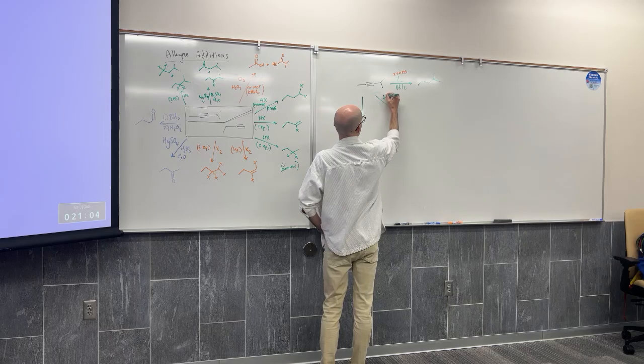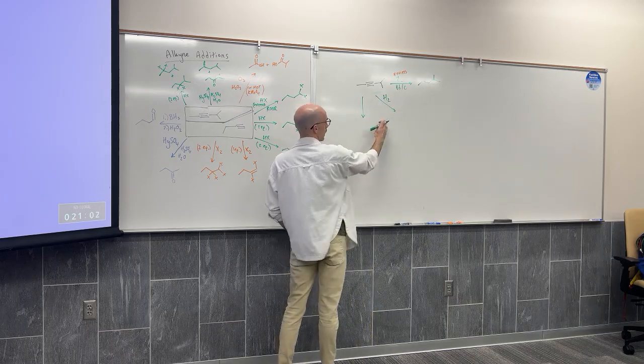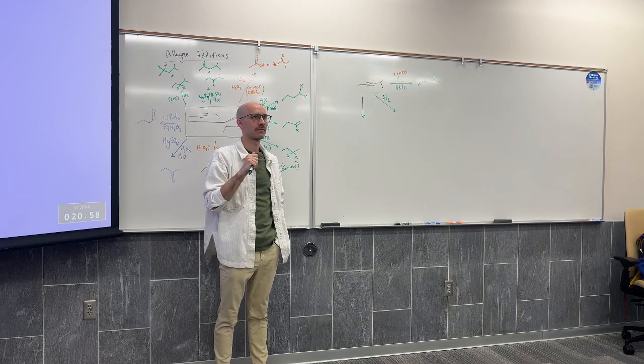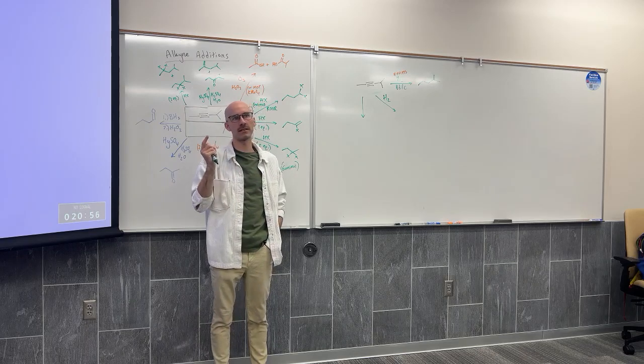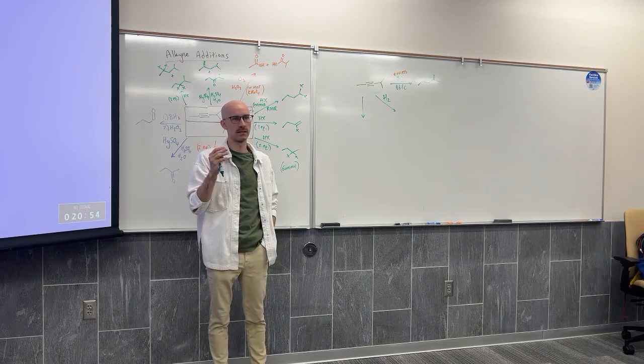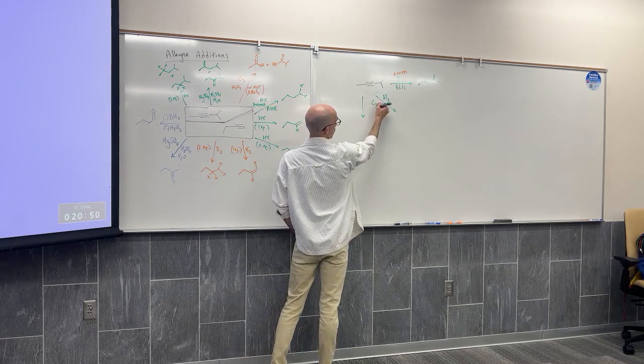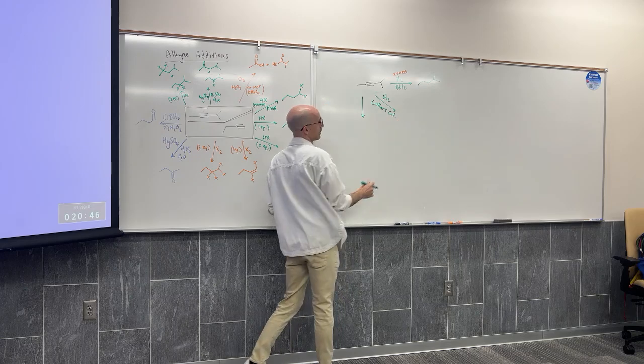So the reagents that we set up here, hydrogen, and then we use something like a barium carbonate quinoline solution, which is fine and all, but a lot of places will just list this as Lindlar's catalyst.